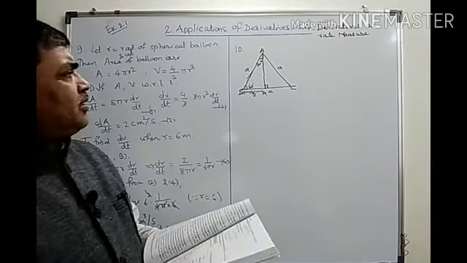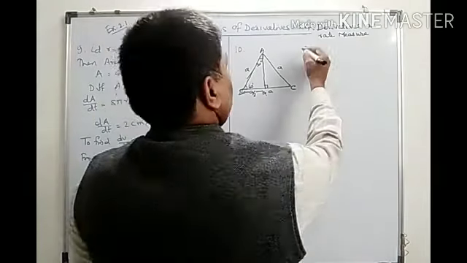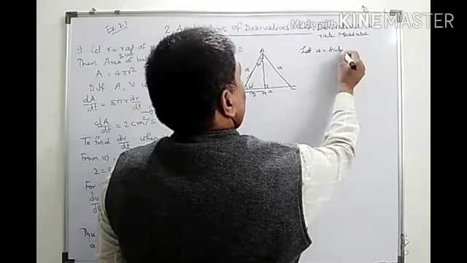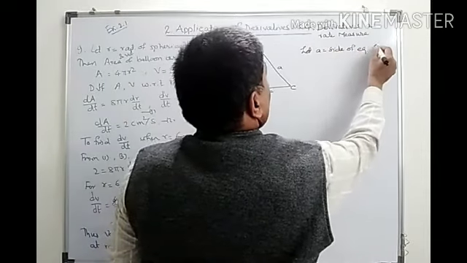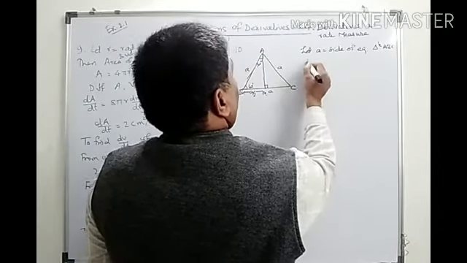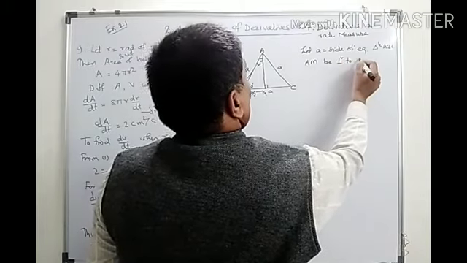So let A be the side of equilateral triangle ABC, and AM be perpendicular to BC.